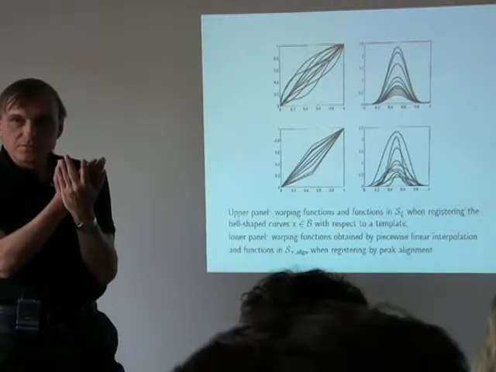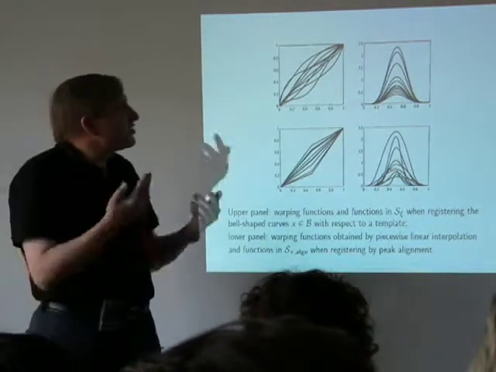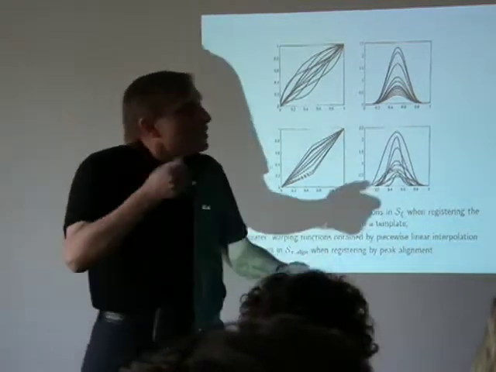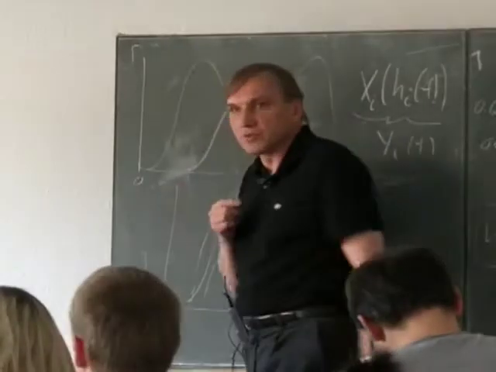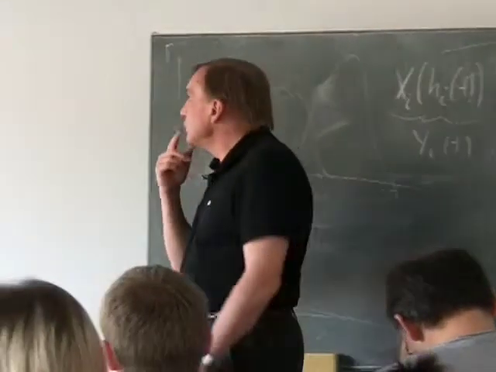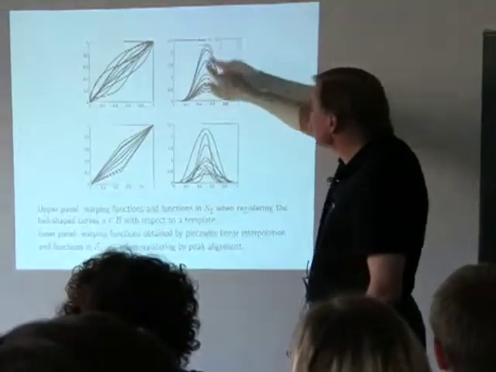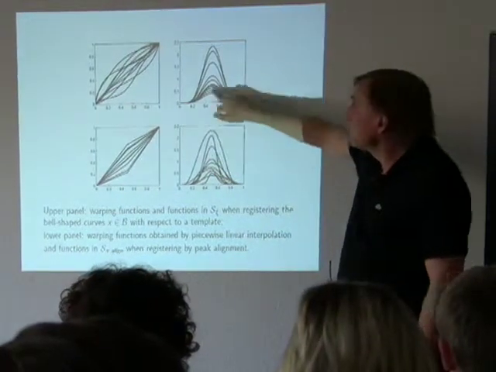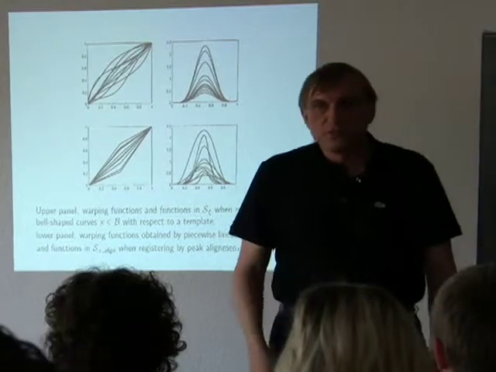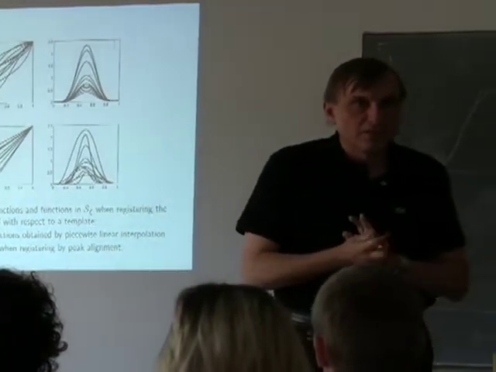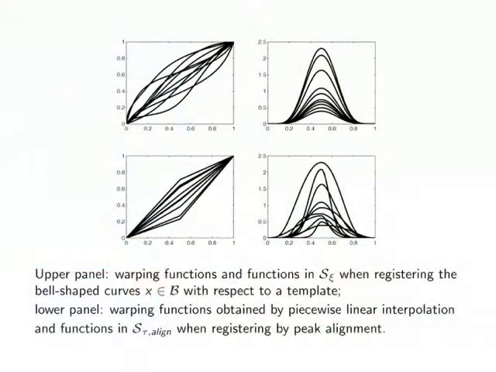I choose one curve and register in such a way that everything is equal up to one amplitude parameter. And then I get these registered curves, which look much nicer than that. But at the cost of, as you see here, more complicated warping functions, which are determined automatically in this case. It just warped so that there's no difference left. Okay?